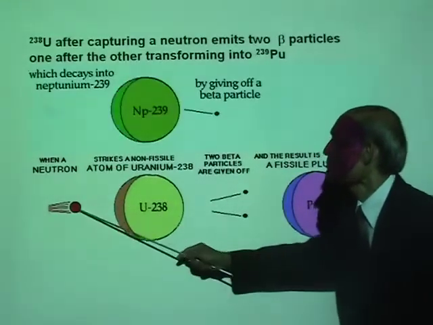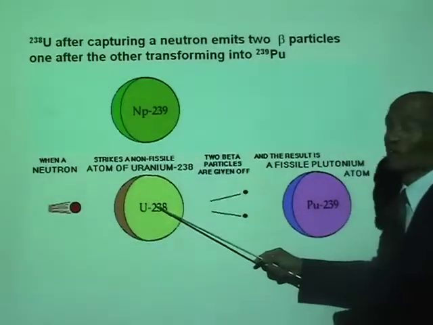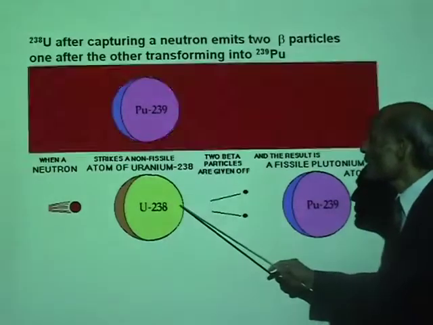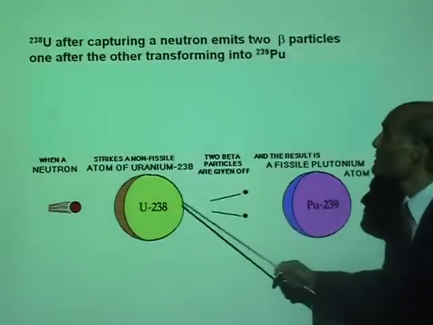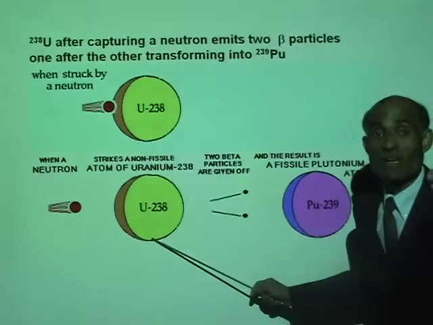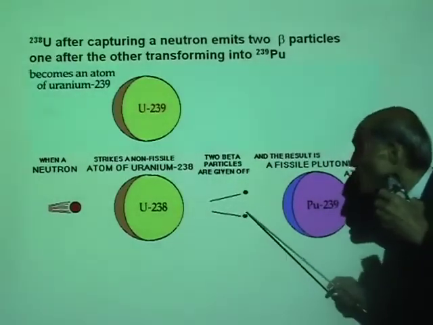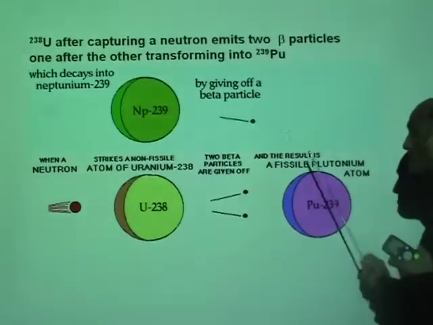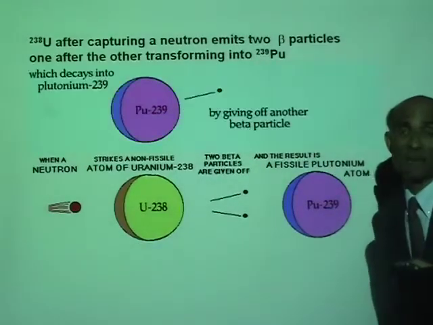Uranium-238 absorbs a neutron to become uranium-239. It gives off a beta to become neptunium of atomic number 93. And neptunium will give off a beta particle. It becomes plutonium-239.